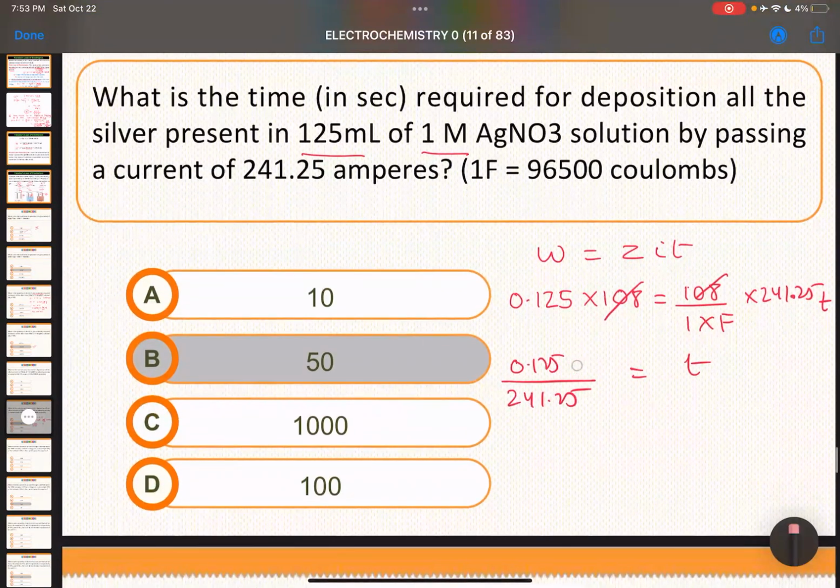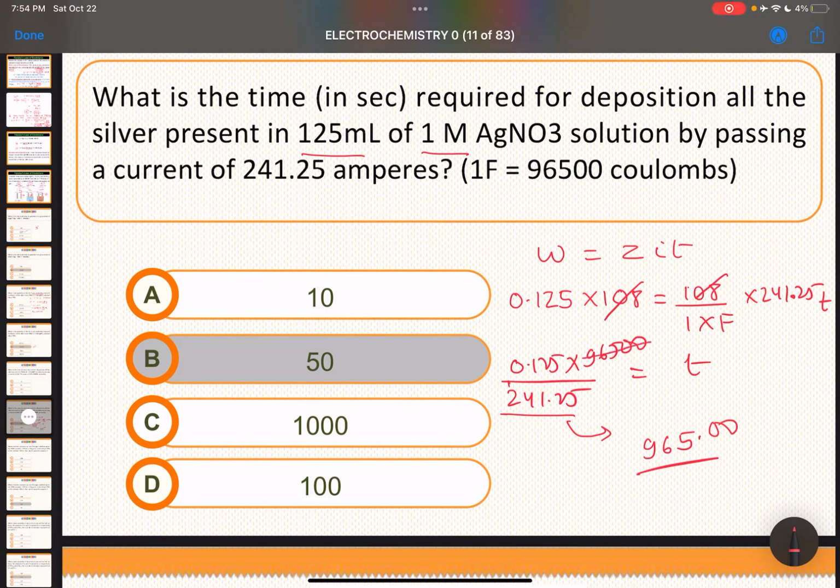And F is 96500 coulomb per mole. So if I multiply it by 4, how much am I going to get? 4 4s are 16 and 4 2s are 8 and 9. I'm going to get 965.